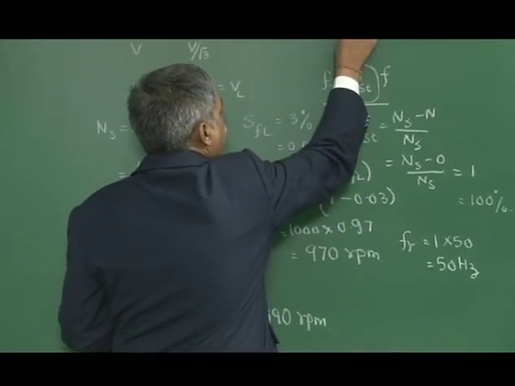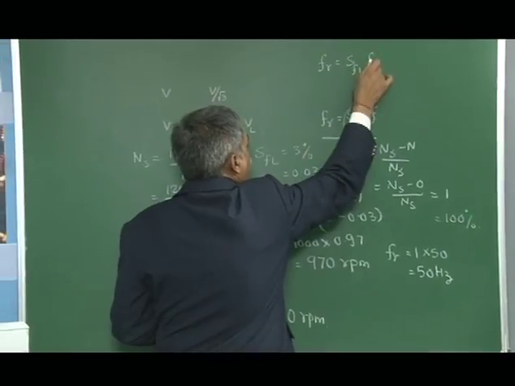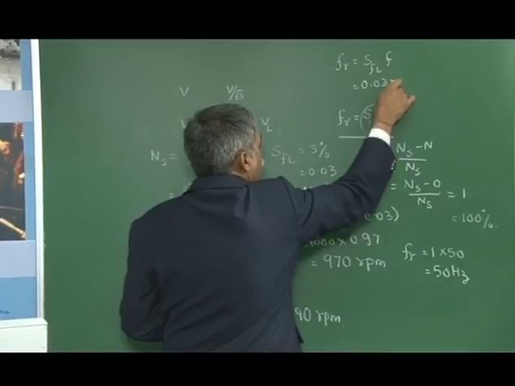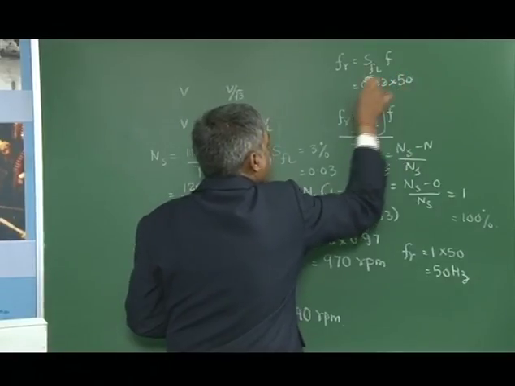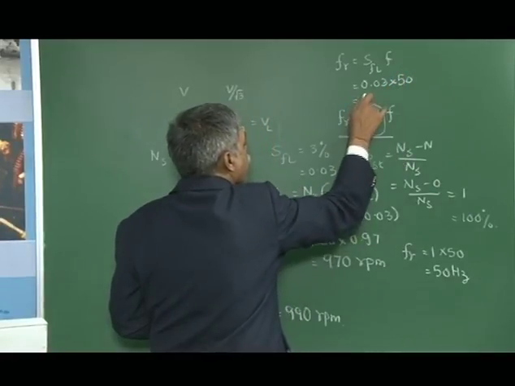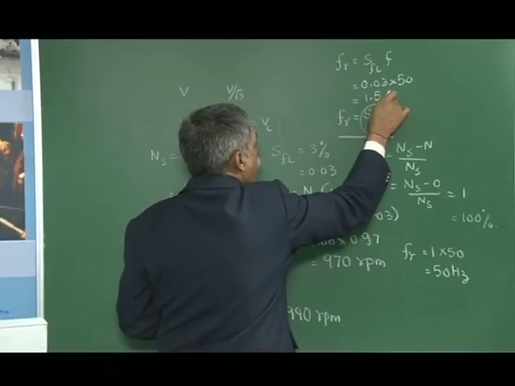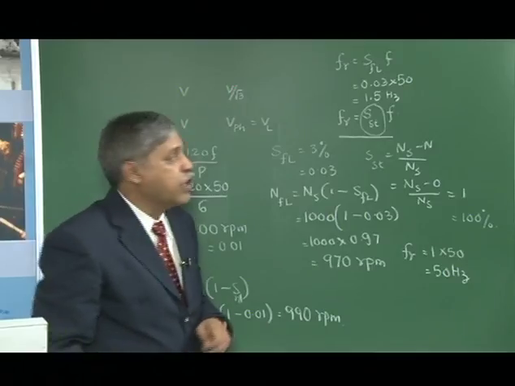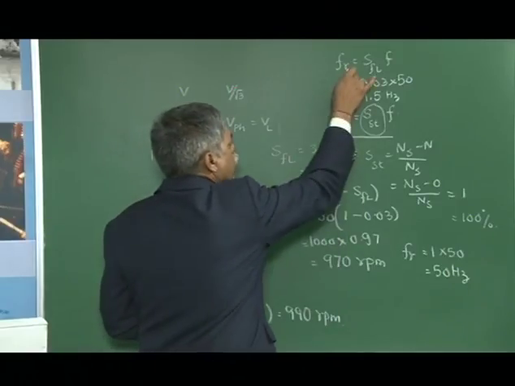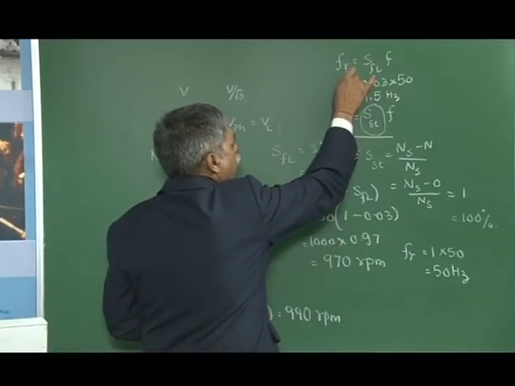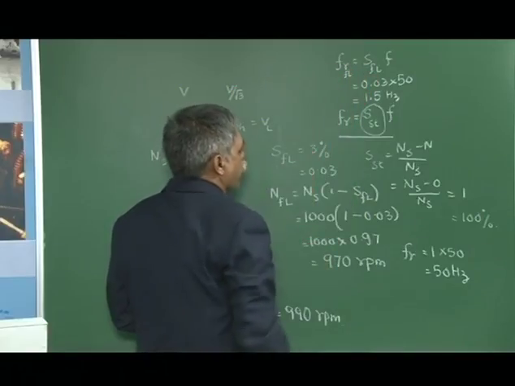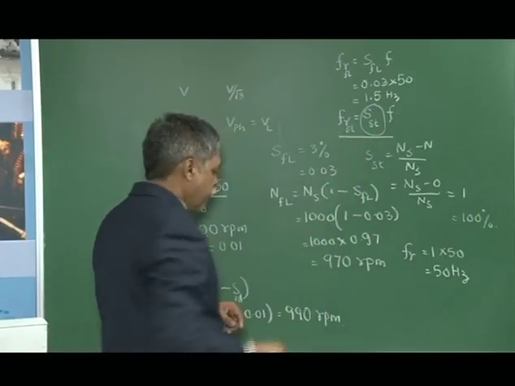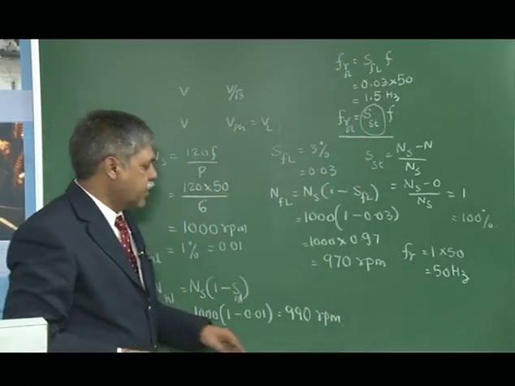I take SFL multiplied by F, where SFL is 3%, 0.03, multiplied by 50 hertz supply frequency. This results in a value of 1.5 hertz for the frequency of the rotor at full load. I can also use suffixes here: FR FL for the full load one, and FR ST for the frequency of the rotor current at standstill.